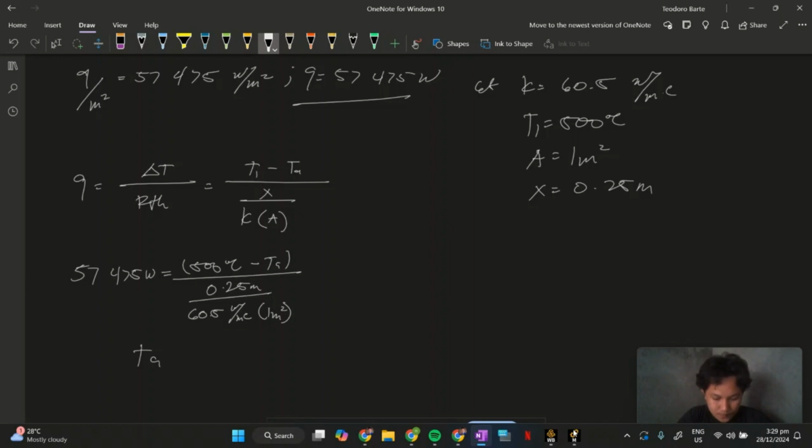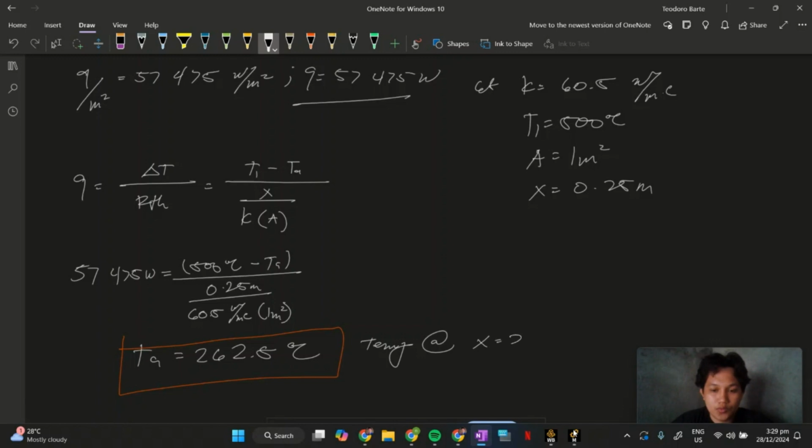Okay, 262.5. They should be 262.5 degrees Celsius. This is the temperature at x equals 0.25.